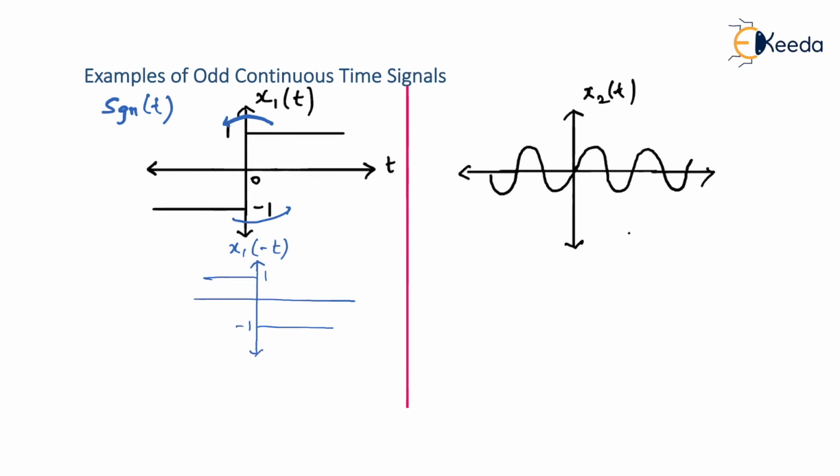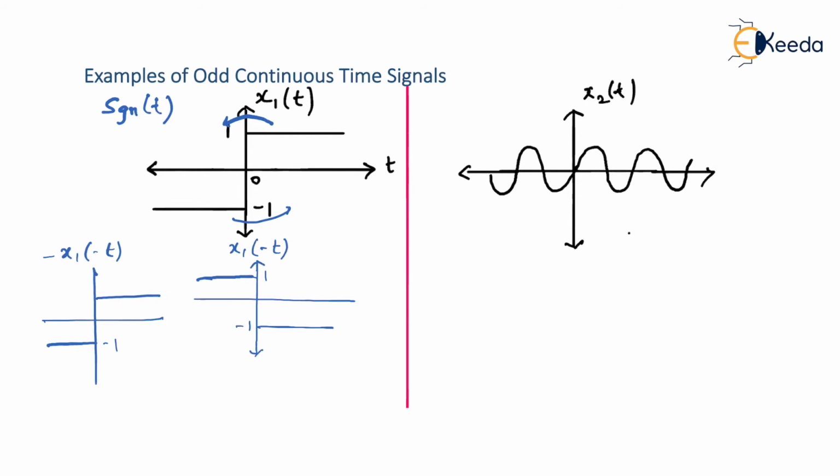After that, we do amplitude reversal. Amplitude reversal means multiplying the given signal with -1. So what I'm doing, I'm now going to plot minus of x1 of minus t. I'm sure you remember how we do that. Positive amplitude becomes negative amplitude. Negative amplitude becomes positive amplitude. So I'm talking about the left hand side part. In the left hand side part, it is plus 1. This will become -1. And at the right hand side, we have -1.